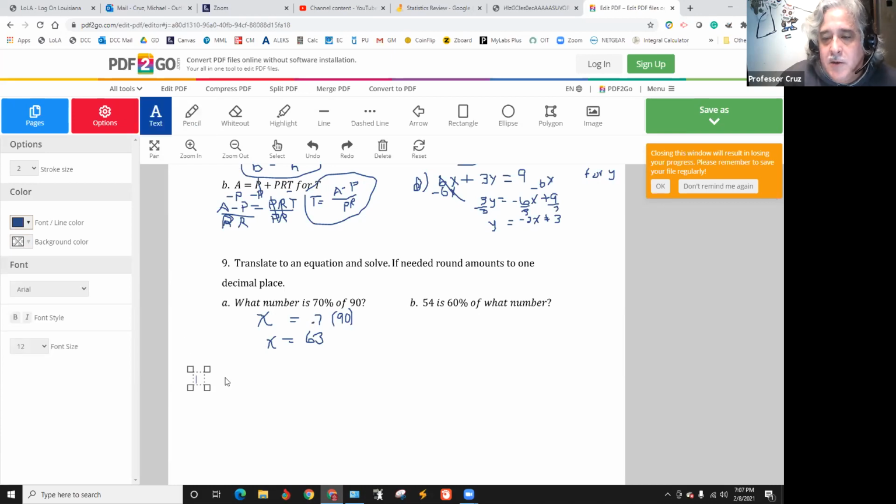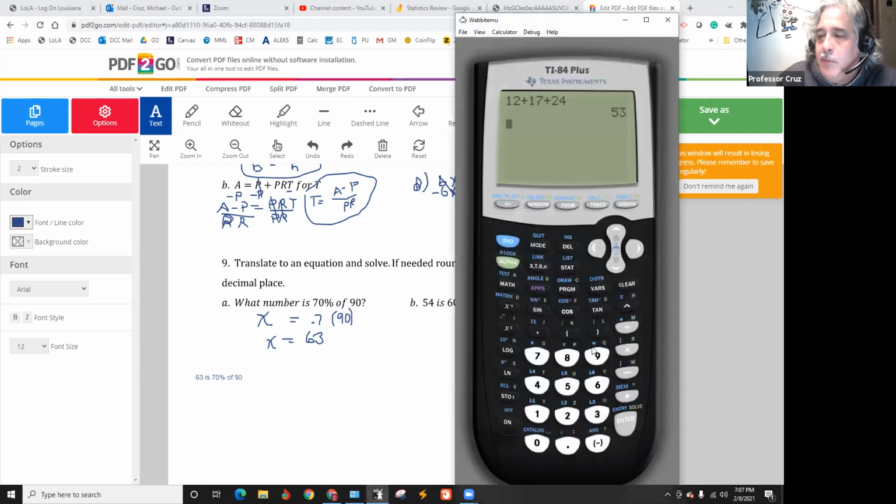I like to do this just to make sure that it makes sense: 63 is 70% of 90. And that makes sense because if you take 63 and put it over 90, you'll get 0.7, which is 70%.